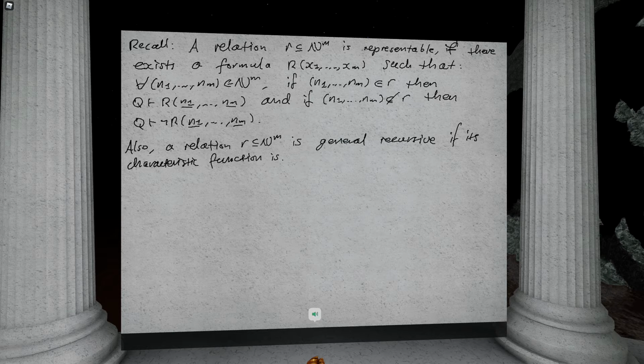Okay, so once we have these two definitions, we can now state the lemma or proposition, I suppose. Prop: the general recursive relations are representable.